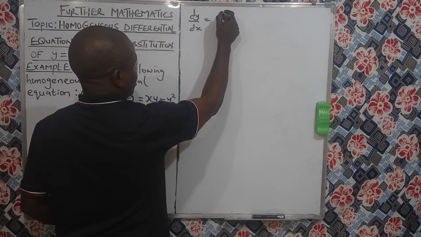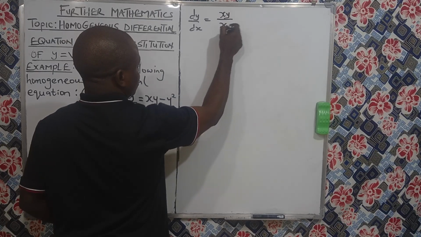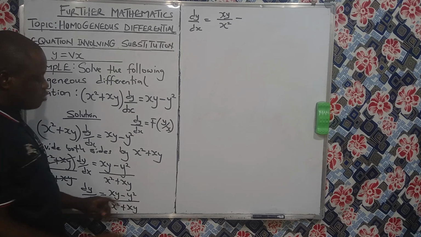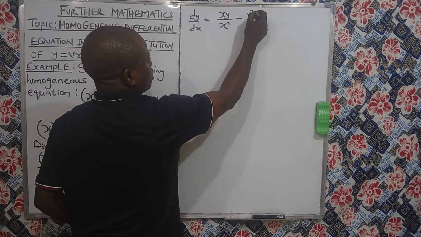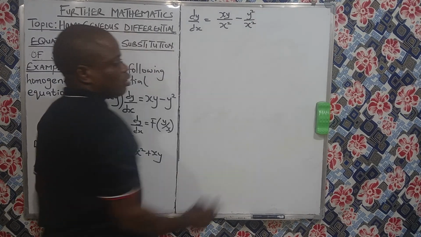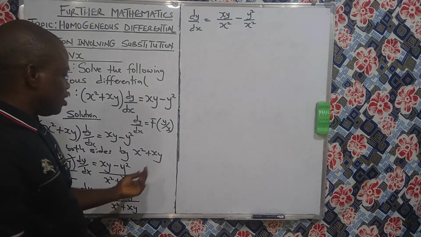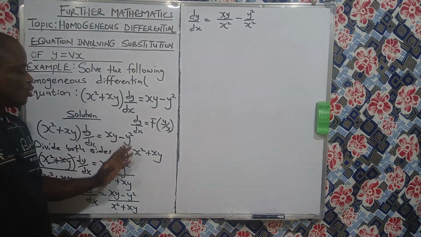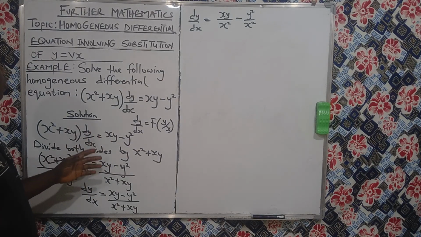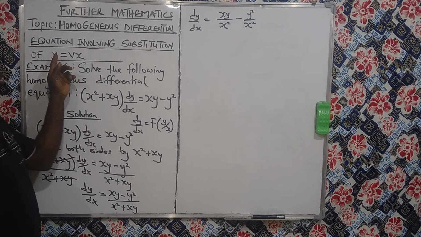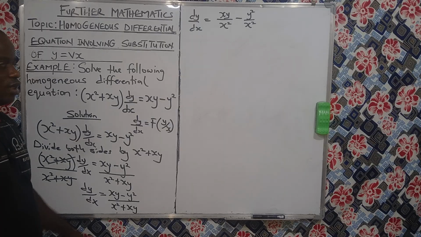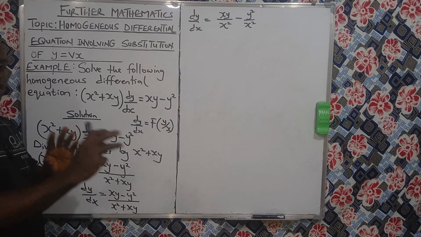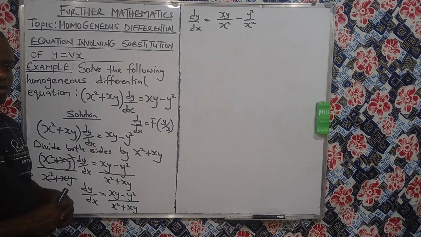Now, xy divided by x squared minus y squared divided by x squared. What we are trying to do is confirm if it is a homogeneous differential equation. When you know it is a homogeneous differential equation, you can go ahead by substituting y equals vx. If it is not a homogeneous differential equation, just go directly to separation of variables.